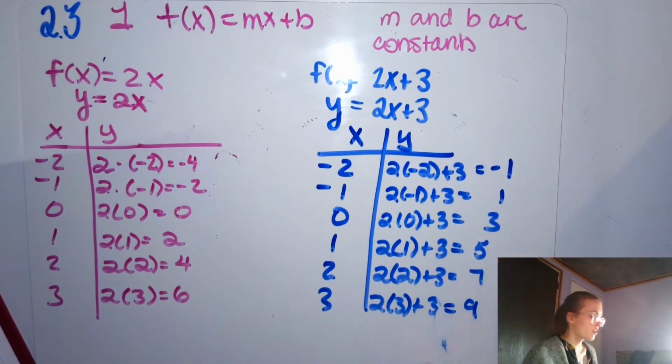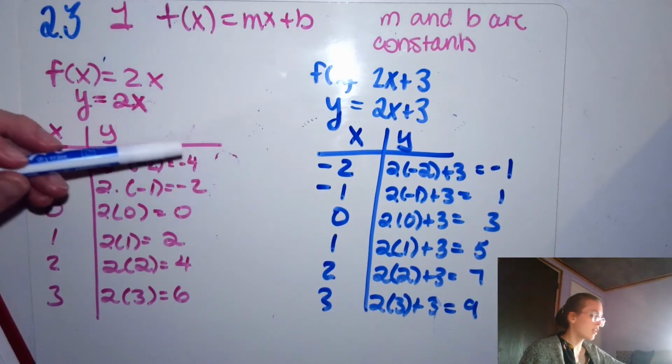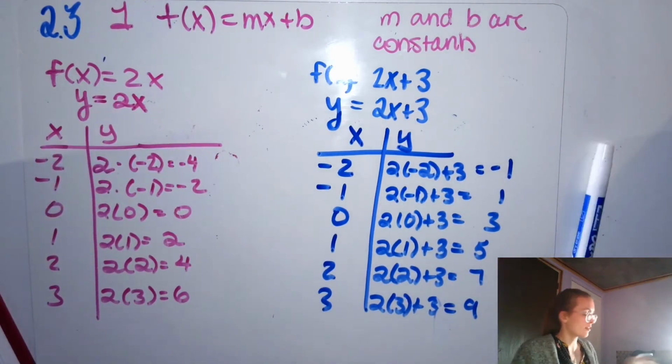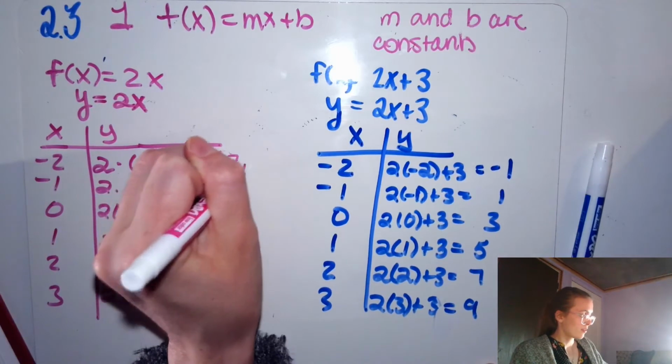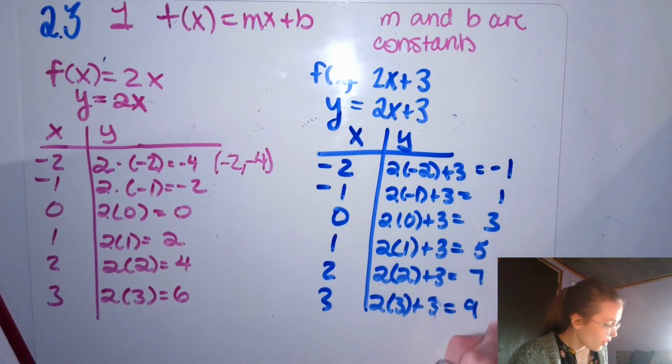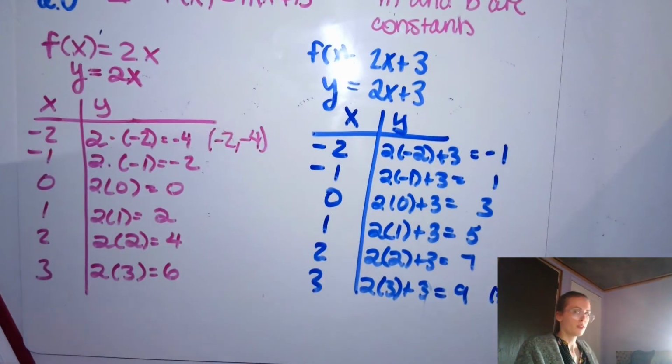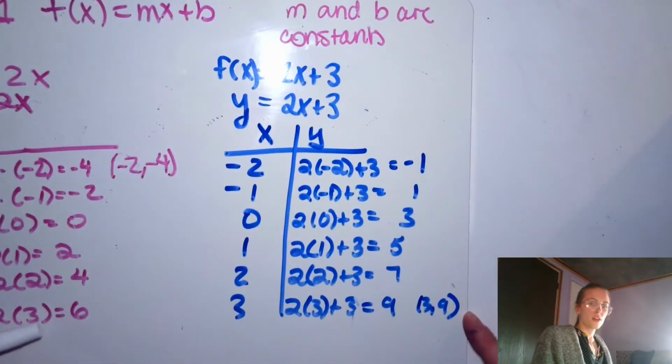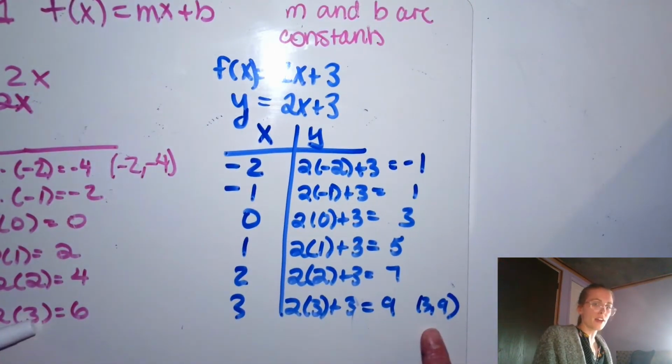Okay, so then our list of points here will be like, for example, we've got -2, -1 is the point. And say here, we've got 3, 9. You just take the x value and then the y value.